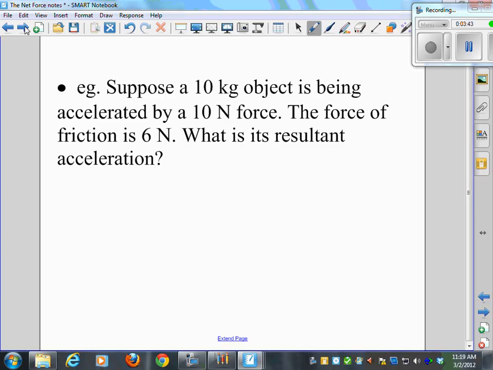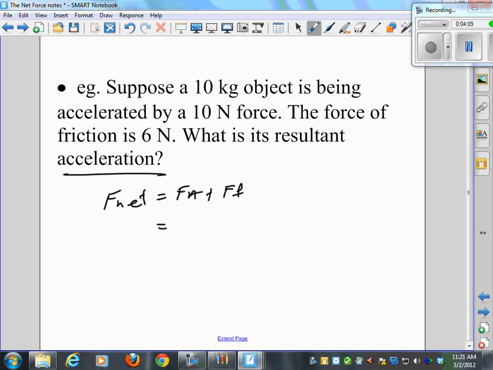Okay, so let's try one here. Simple one from grade 11. Suppose a 10-kilogram object is being accelerated by a 10-newton force. The force of friction is 6 newtons. What is the resultant acceleration? Before I can get the resultant acceleration, I need the net force. So F net is equal to FA plus FF.